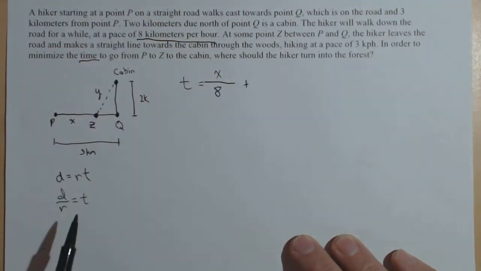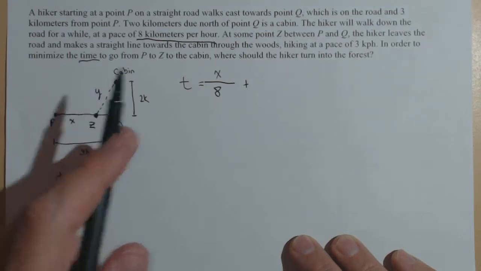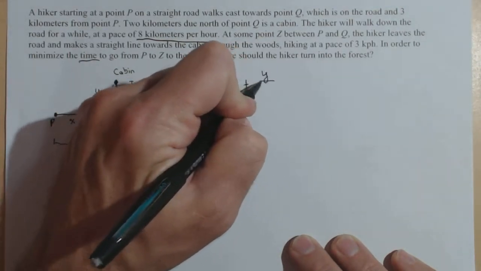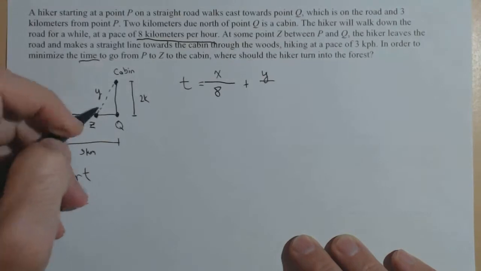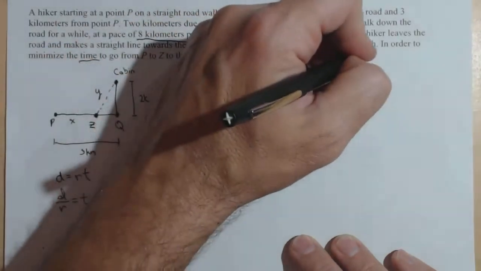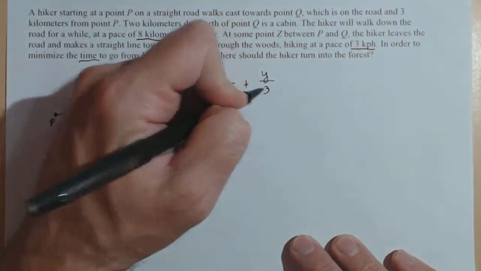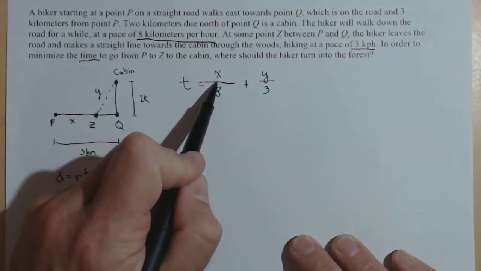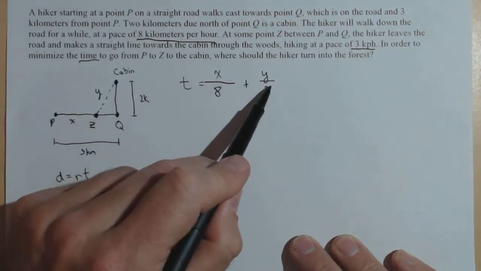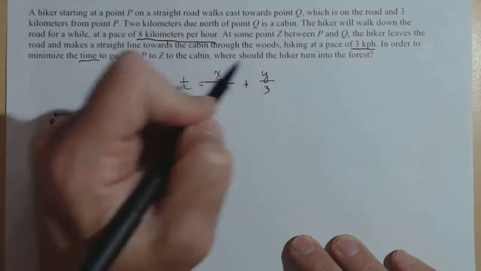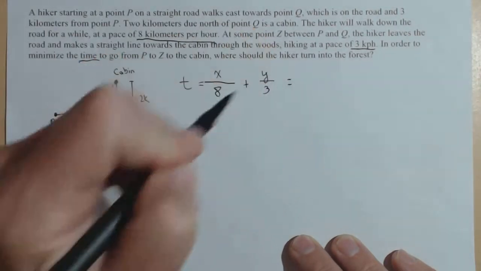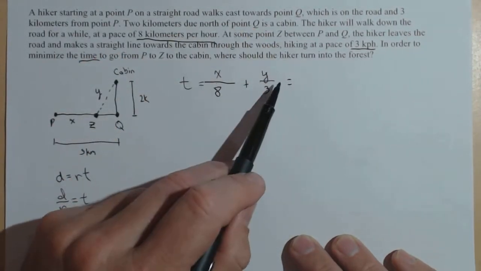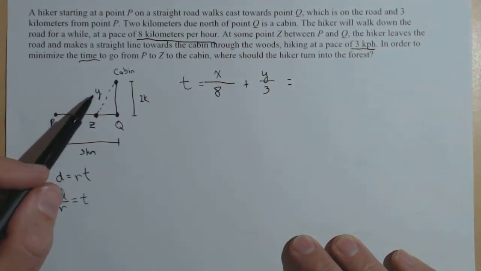Now we are going to add to that our distance from Z to the cabin, which is Y, over our rate from Z to the cabin, which is 3 kilometers per hour. So really this is the time from P to Z, and this is the time from Z to the cabin.